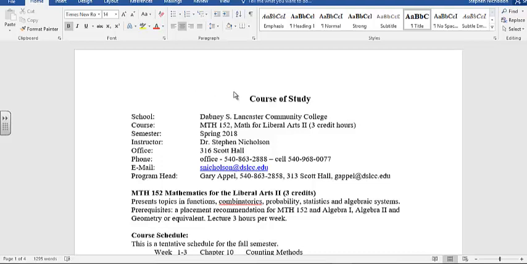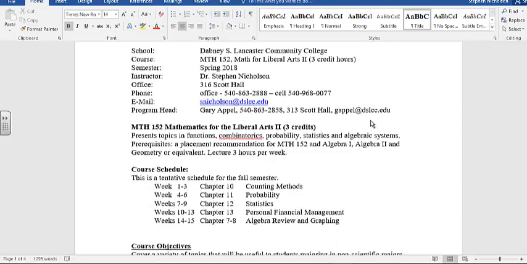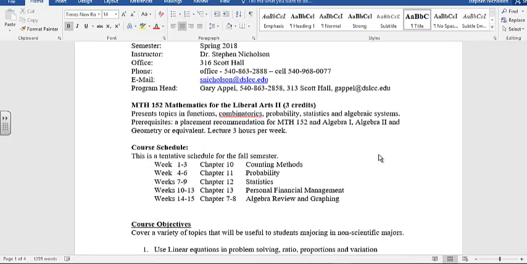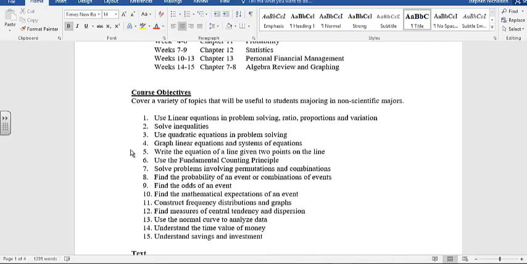If I scroll down and I look at the schedule, you'll see we're going to start in chapter 10, then move to 11 and 12. We're going to actually expand chapter 12 material so that we don't have chapter 7 and 8 at the end. So we won't be doing the algebra review. We're going to talk about statistics in more detail. I'll let you read the course objectives.